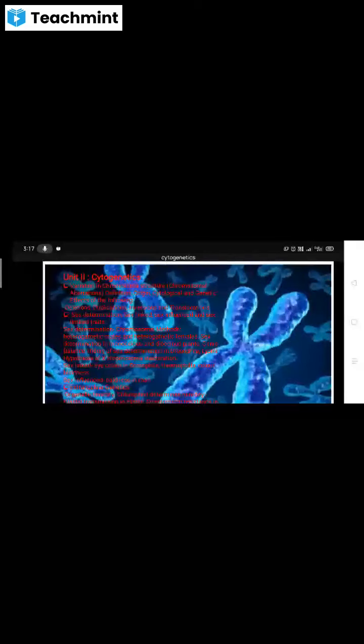How is sex determined? That means there are male parents and female parents. They produce gametes, and after the union of the male and female gametes, different offsprings are produced. How the sex of the offspring is decided, all that concept we have studied in these points.